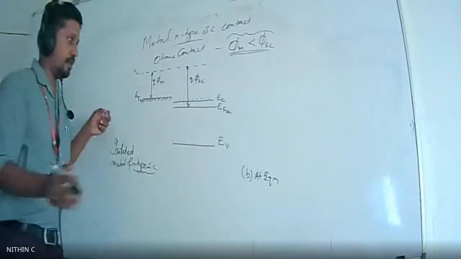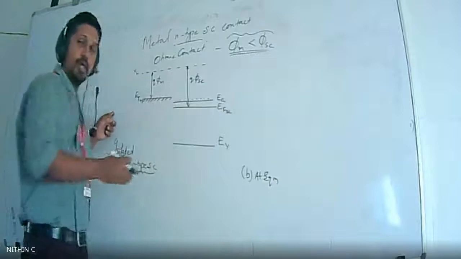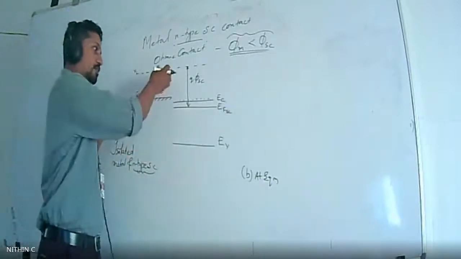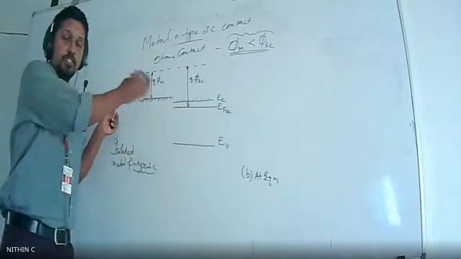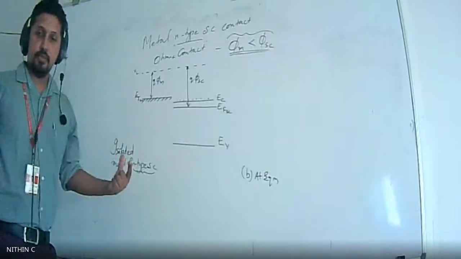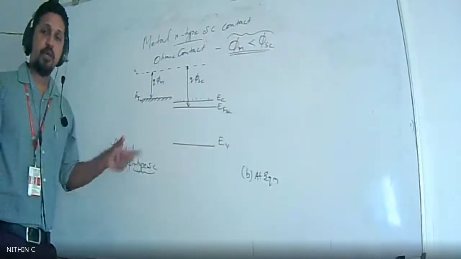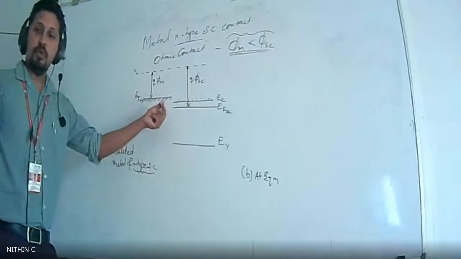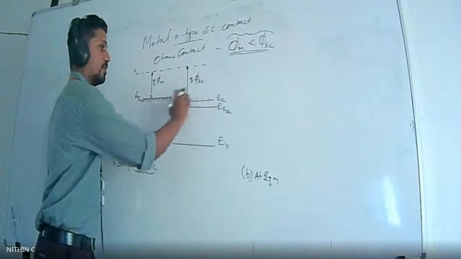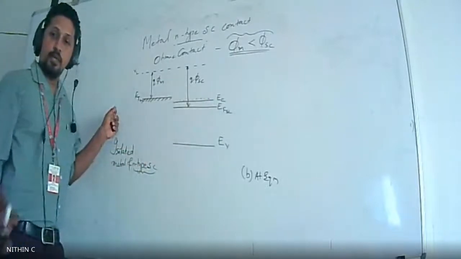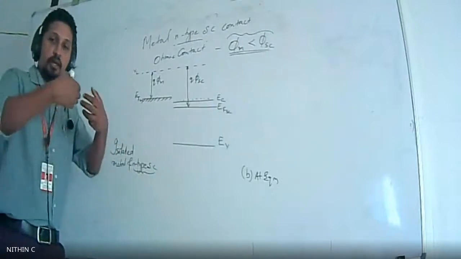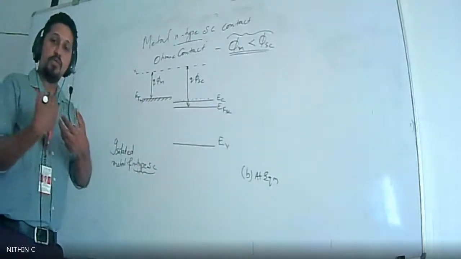So what happens is that there will be accumulation of electrons at the junction. There is no depletion. At the interface you will not see a depletion layer, but you will have an accumulation of charge carriers. Why do electrons pass from here to there? You have plenty of electrons here also, so there is no movement away of charge carriers. In the metal and n-type case we had electrons moving in the opposite direction.